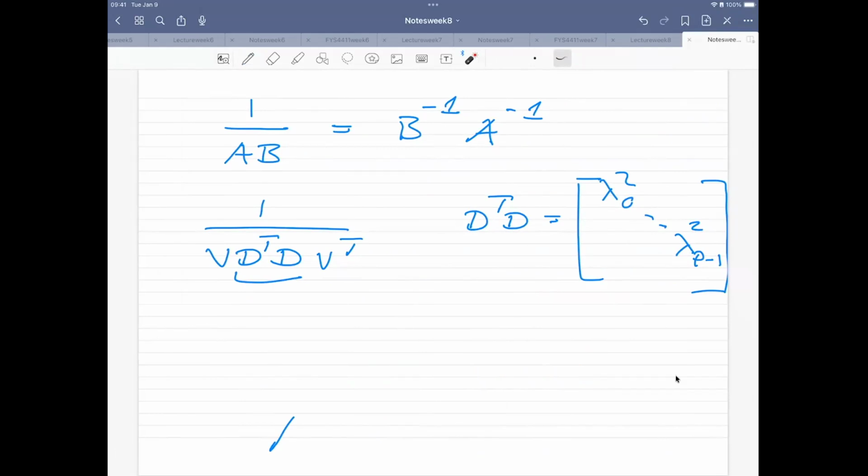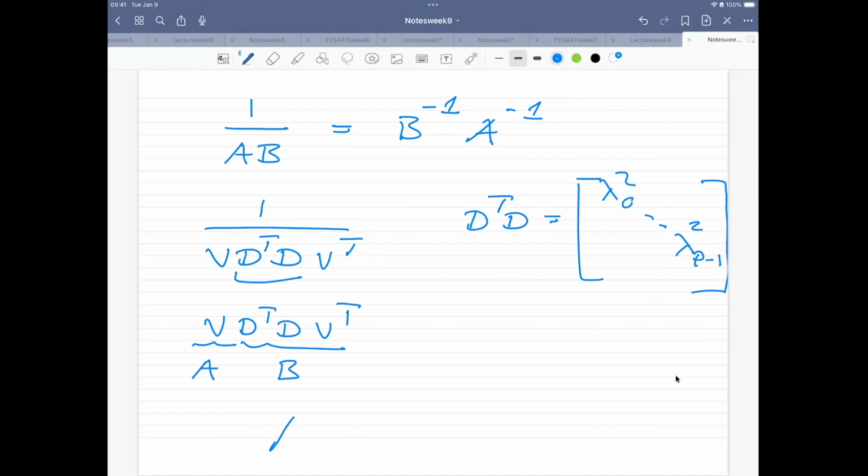So what I can do now, if you look at these calculations here, I can just break it up in two small elements. So I can say that V D^T D V^T, I can call this part matrix A and this part matrix B. And B is then composed of two new matrices.